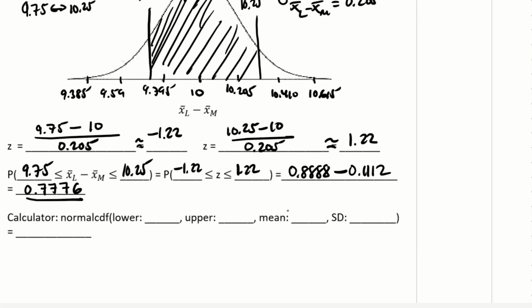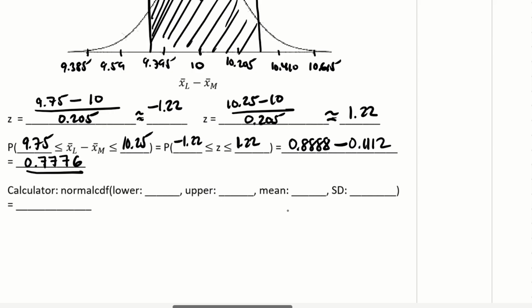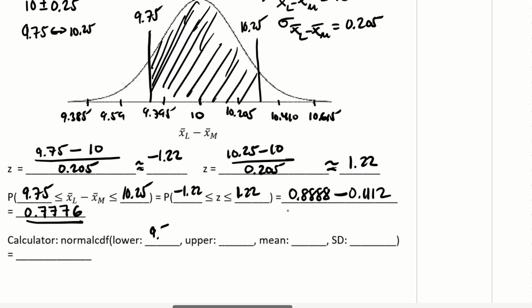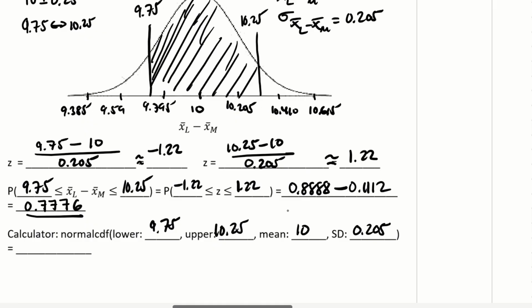If we do this on the calculator, we should get a similar result. The lower is 9.75, the upper is 10.25, the mean is 10, and the standard deviation is 0.205. We'll show you this calculation on the graphing calculator.